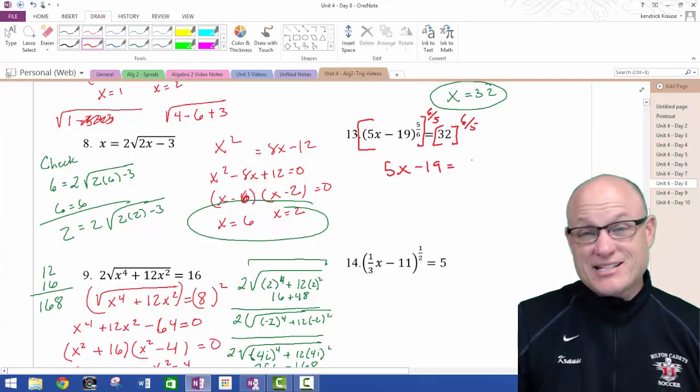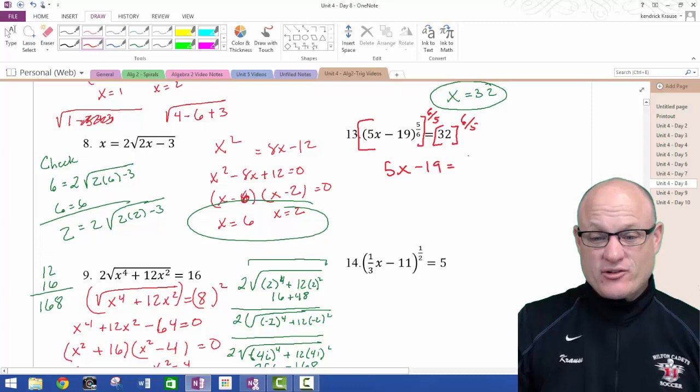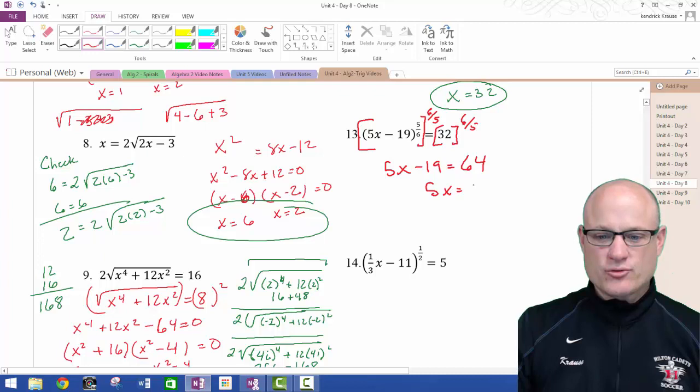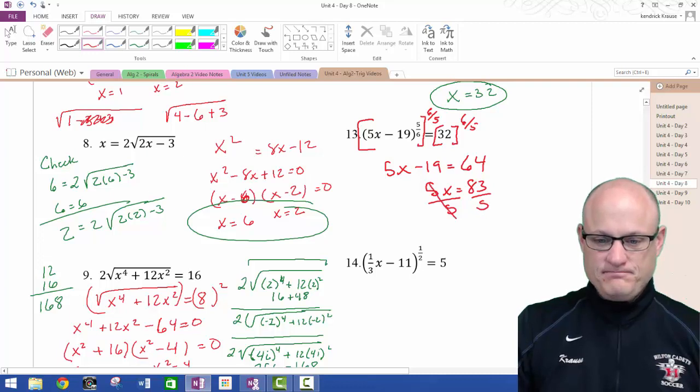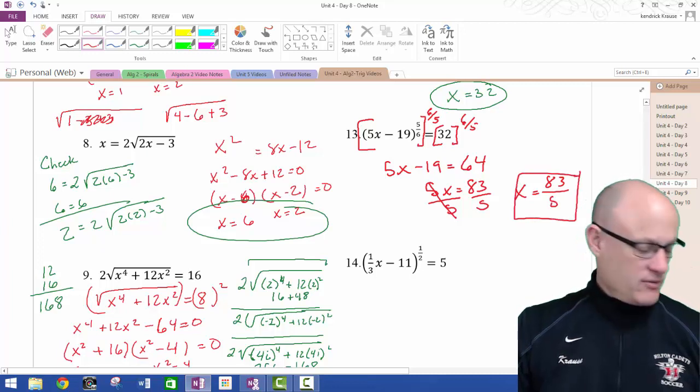And 2 to the 6th power, well, that's just 64. So add the 19 over, I get 5x equals, what was this, 83? Yep, 83. And I divide by 5, divided by 5. And I get x equals 83 over 5, which is perfectly correct.